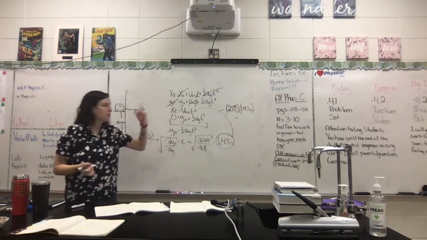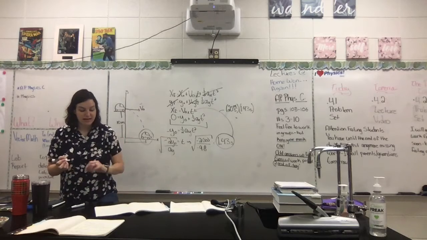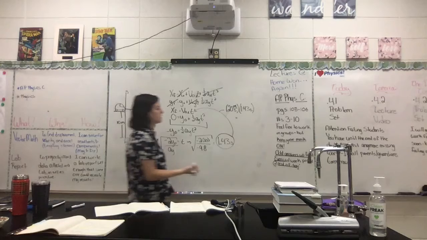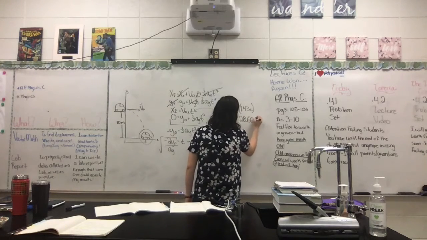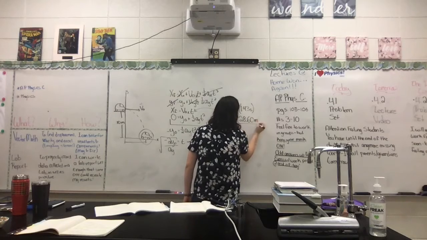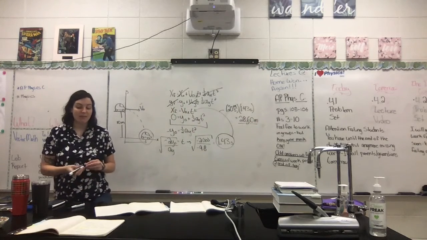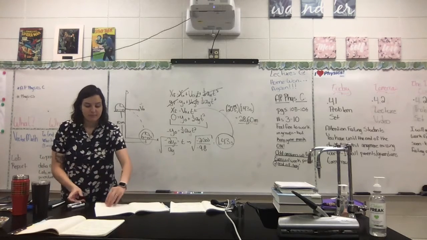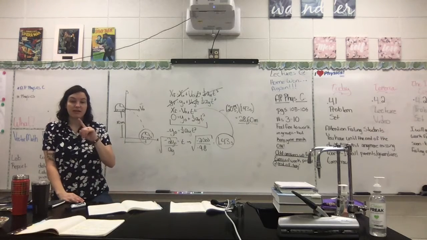So if you do 20 meters per second times 1.43 seconds, you're going to find that the car has traveled a total horizontal distance of 28.60 meters. So that's our final answer, 28.60 meters.